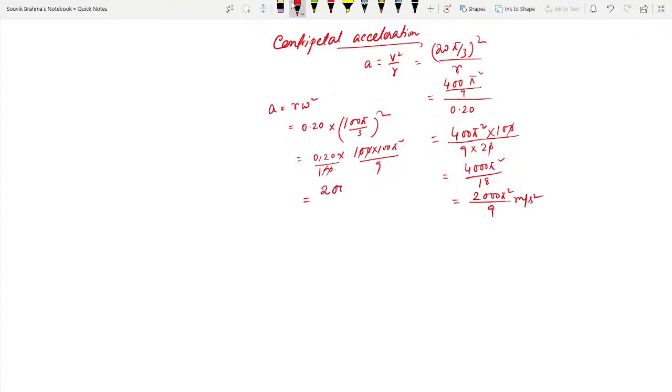That should be 2000 pi square by 9 meter per second square. Yes or no?